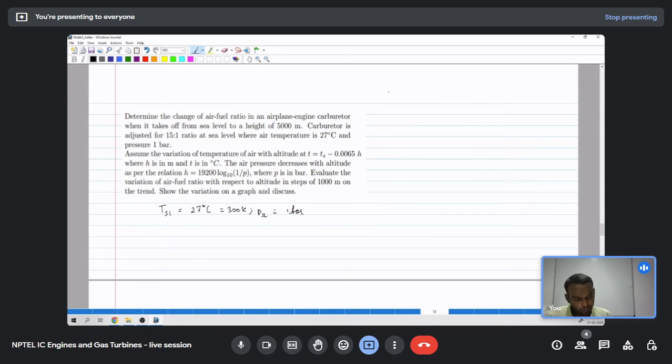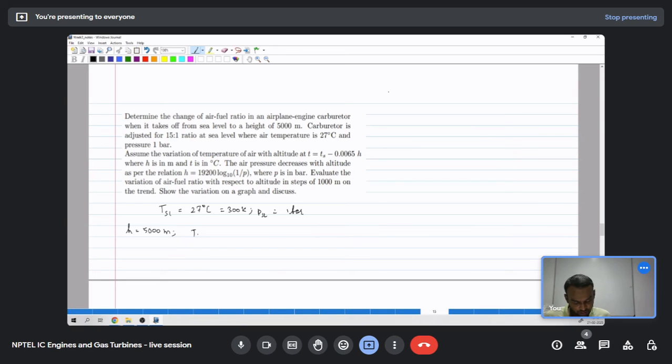Now to compute the temperature at an altitude, the relation is given, and similarly air pressure decreases with altitude as per the relation H is equal to 19200 log of 1 by P base 10, where P is in bar. Evaluate the variation of air-fuel ratio with respect to altitude in steps of 1000 meters. So we have the pressure at sea level. To calculate the temperature at a height, we take a height of 5000 meters initially.